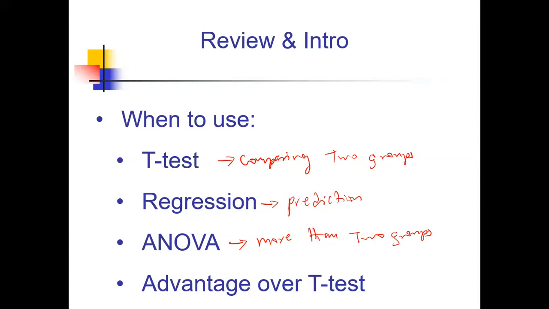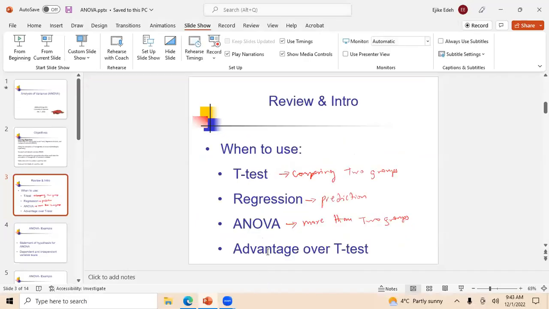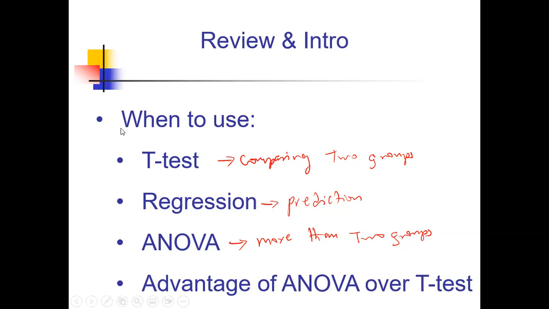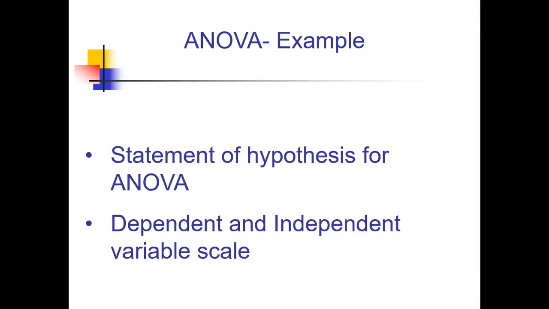And of course, the advantage of ANOVA over t-test we mentioned is that ANOVA is able to keep the error rate the same. T-test will inflate the error rate. If you have multiple groups and you want to do many t-tests to answer the question, then the error rate will just go out of control. All right, so that is that about this slide.